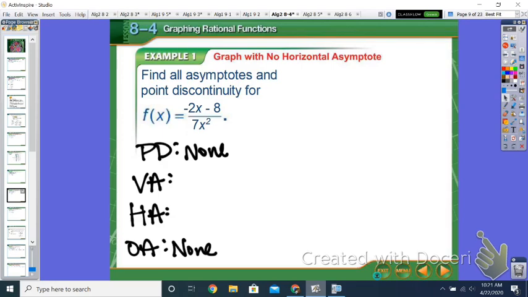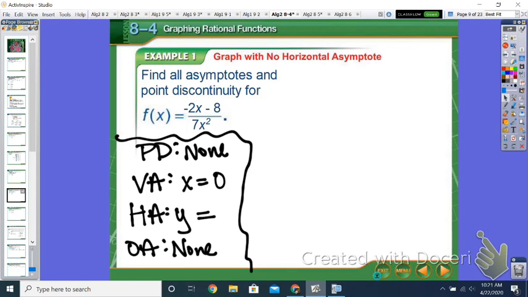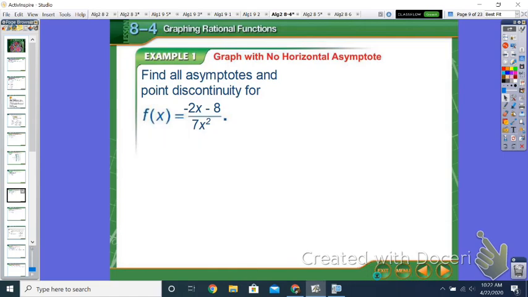Vertical asymptote in this case is just going to be x equals 0, because if it's 7x squared, if you put a 0 in for x, 0 squared is 0, 7 times 0 is 0. Horizontal asymptote, referencing the chart. Okay, in this case, the degree of our numerator is less than the degree of our denominator. So that's the second bullet point. If the degree of a of x is less than the degree of b of x, the horizontal asymptote is the line y equals 0. So y equals 0. So that would be what we would want on this one.